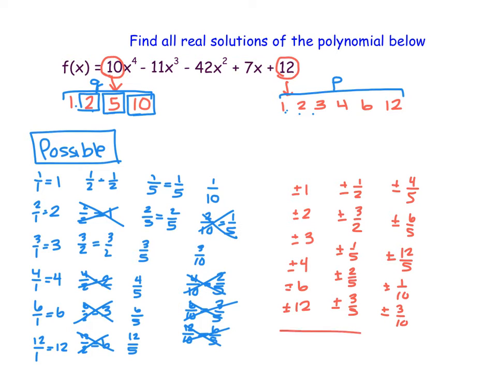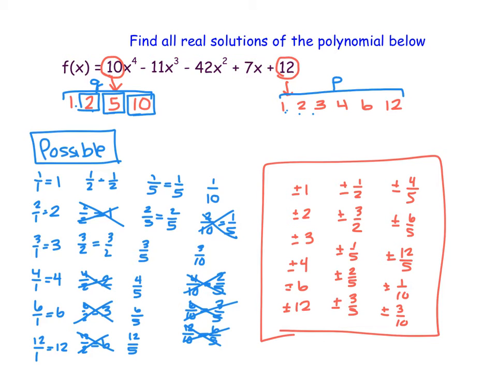So I have quite a few options here for numbers that could become possible zeros.